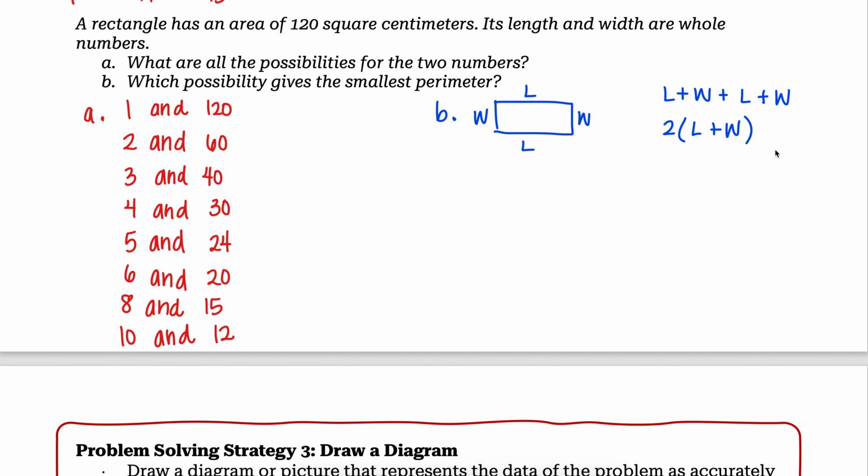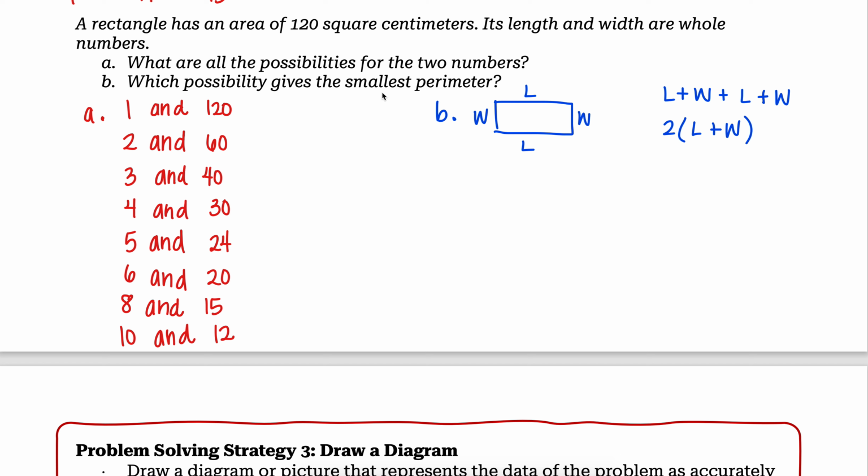If you want to find the smallest perimeter, that means that you want the sum of the length and the width to be the smallest possible. So the smallest possible sum will give you the smallest possible perimeter.